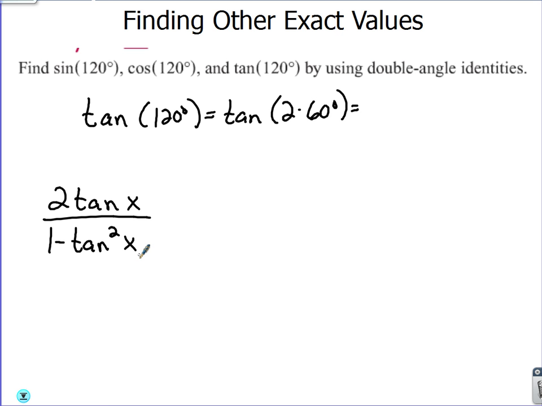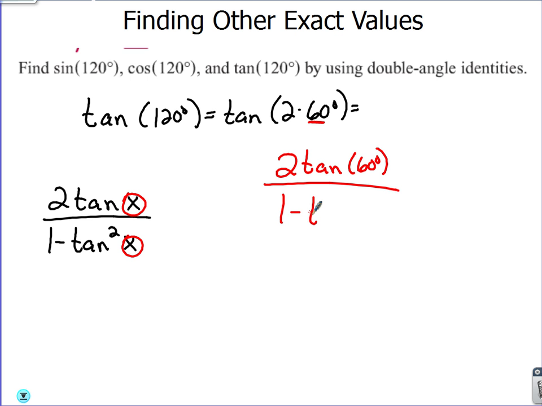So everywhere you have an x, pretty much you're placing the 60 degrees to fit into this formula. X is 60. So therefore we have 2 times the tan of 60 over 1 minus tan squared 60. Anybody know what the tangent of 60 is?